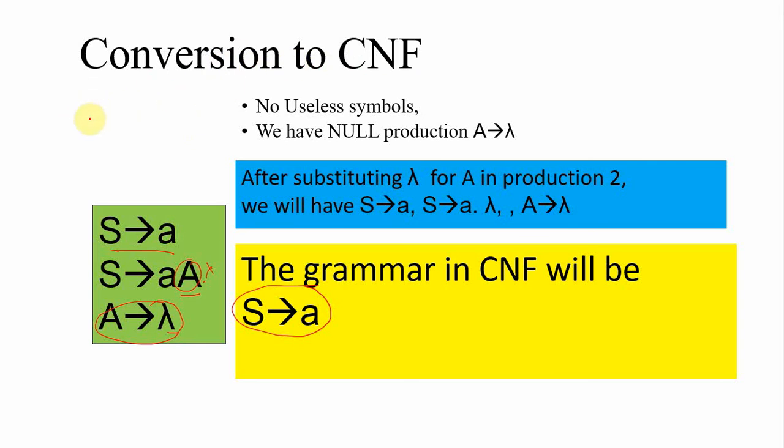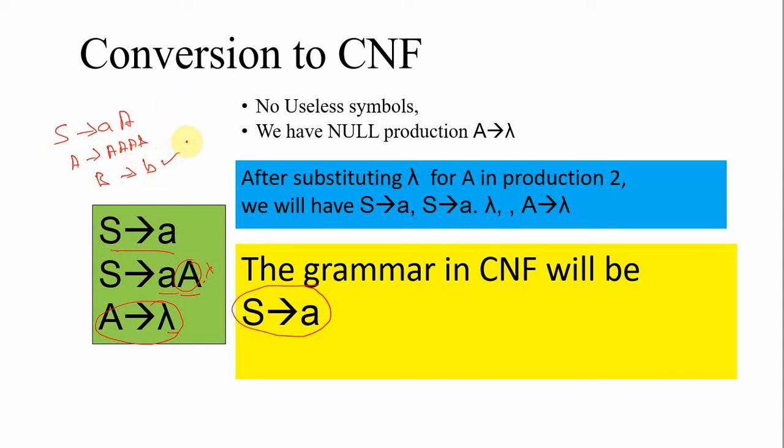But there may be some cases where, if we have a grammar like this, what can we do? So far we have seen examples like this, but if you have examples like this, what can be done?